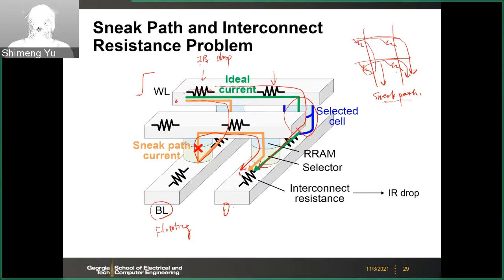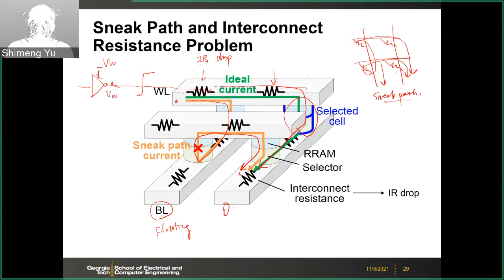This might not be a problem for this 2x2 mini array, but if you think about a large array, like a 512 by 512 array, then from the driver, you may have the right driver at the left edge, which provides you, for example, this V right voltage. So that means here is V right voltage. As this current propagates through the long wire, at the end of the wire, it will see many segments of this IR drop section.